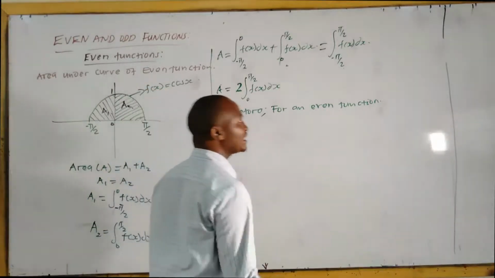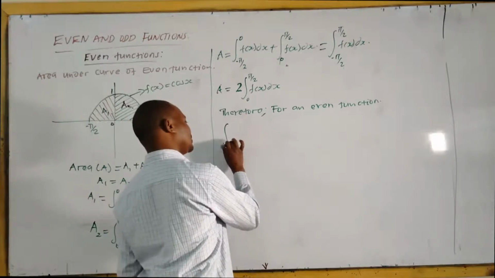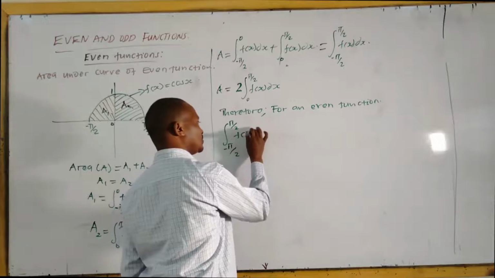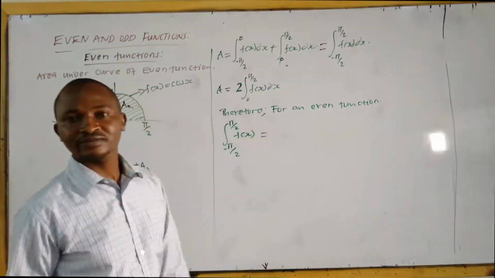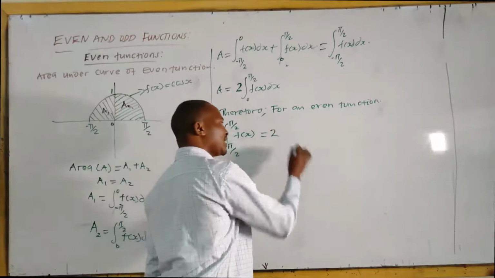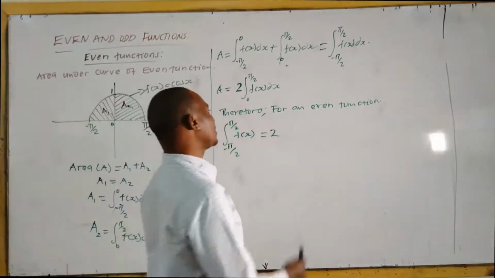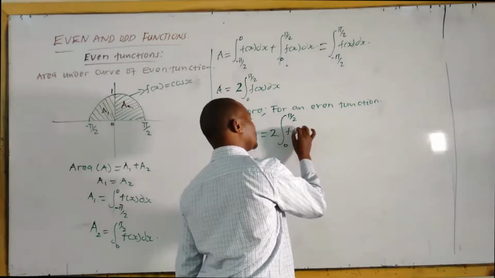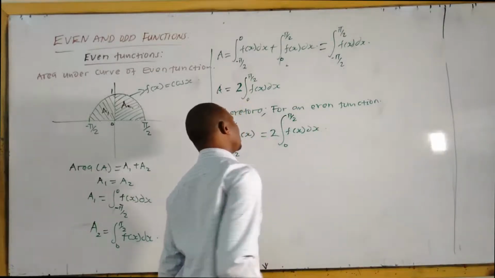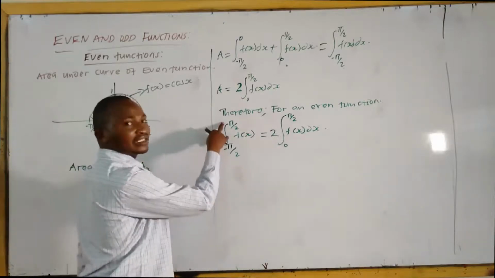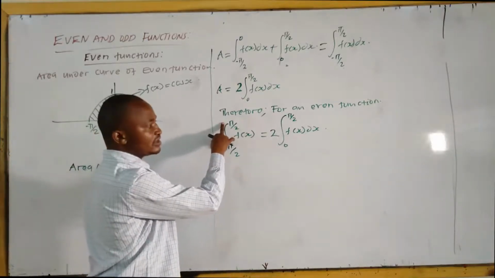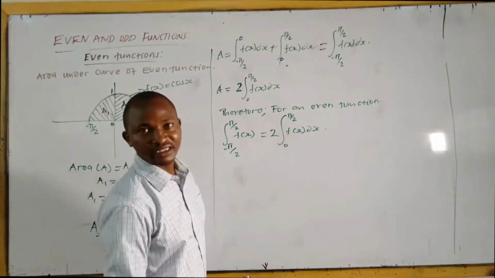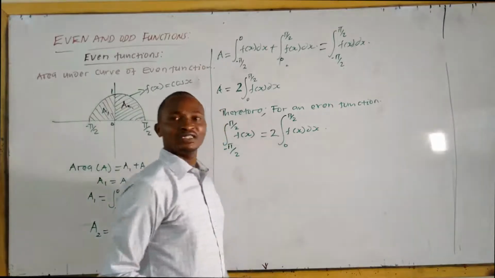The integral over the entire limit is the same as the integral over half of the limit, then multiply by 2.